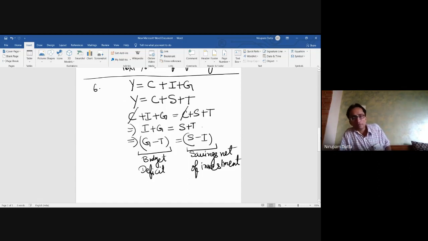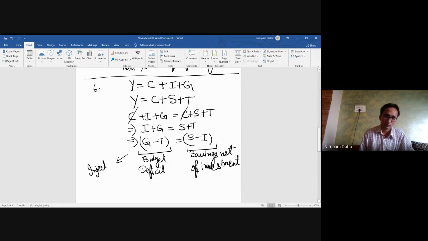So when there is a budget deficit, how is it being financed? According to the circular flow of income, it is financed by the excess of savings that is left after the investment has been done. So budget deficit is an excess of expenditure over the net taxes collected by the government. This is some sort of an injection to the circular flow.